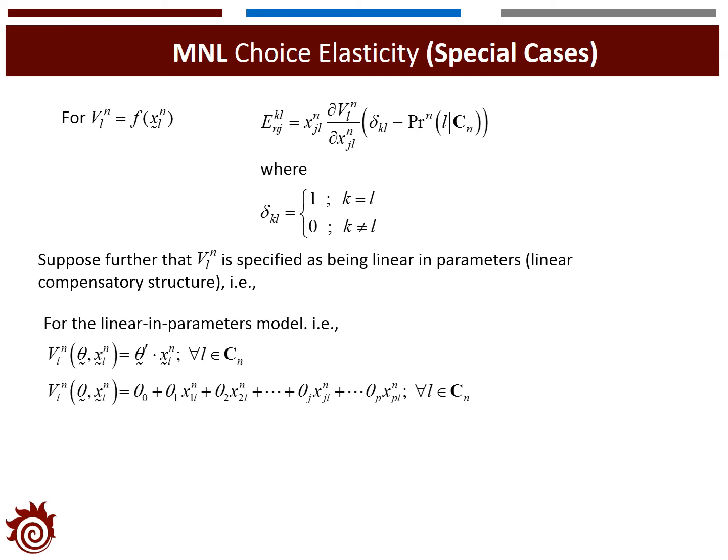That is, V_l is theta times X_l, which can be written as theta 0 plus theta 1 x1l plus theta 2 x2l plus ... theta p xpl. With this linear format, we will have partial V_l over partial x_jl equal to theta j, and that will give us the simplified elasticity as x_jl times theta j times (delta_kl minus the probability of l).